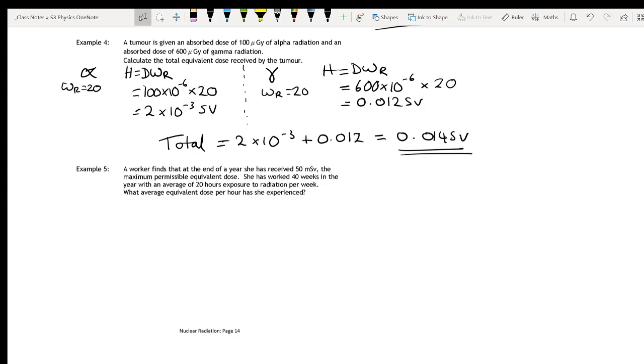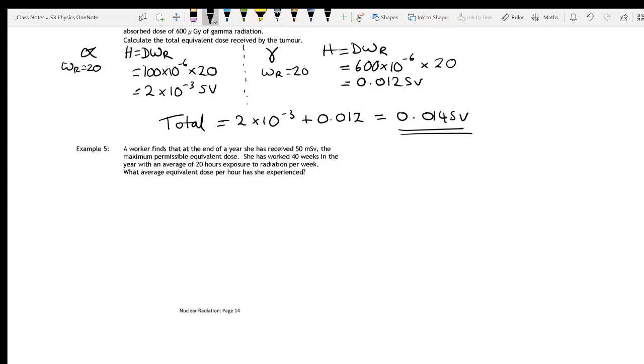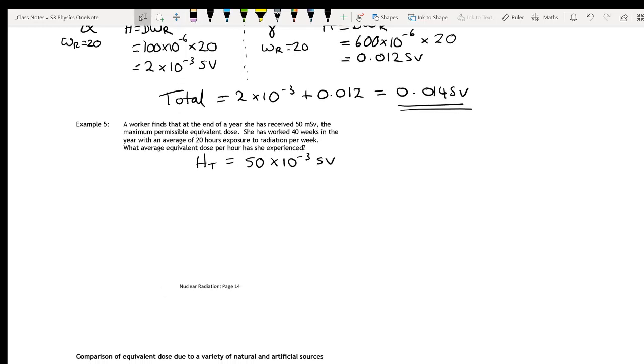Right, so this one's giving us a lot of information. So her total equivalent dose is 50 millisieverts, so 50 times 10 to the minus 3 sieverts. I've just put HT just to signify the total. We want to know what her average equivalent dose per hour is.